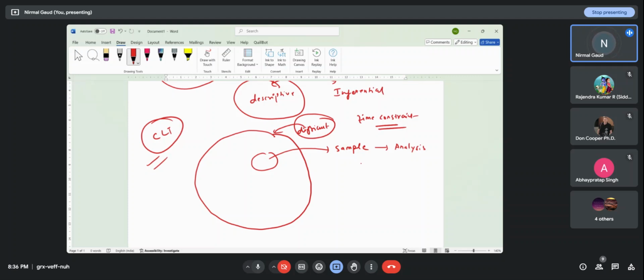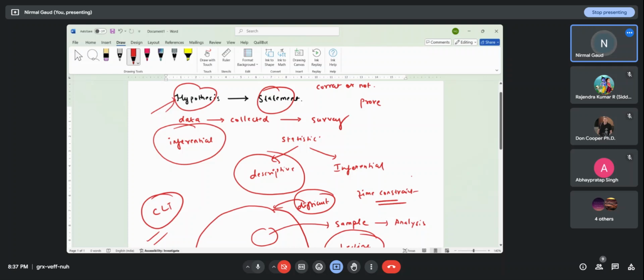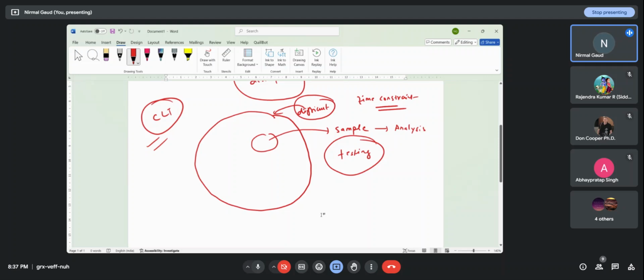So you have to perform testing over a sample of data to check whether the given hypothesis is correct or not, whether this hypothesis, this statement, is applicable to the entire population or not. I am working on a sample, but whether this hypothesis is applicable for the entire population, I am going to prove by taking a sample.